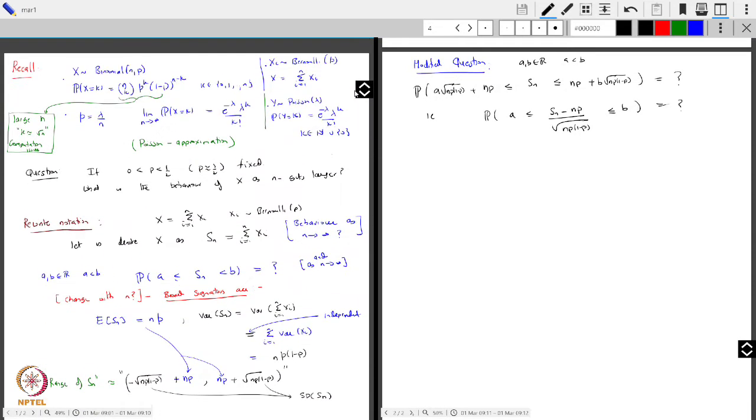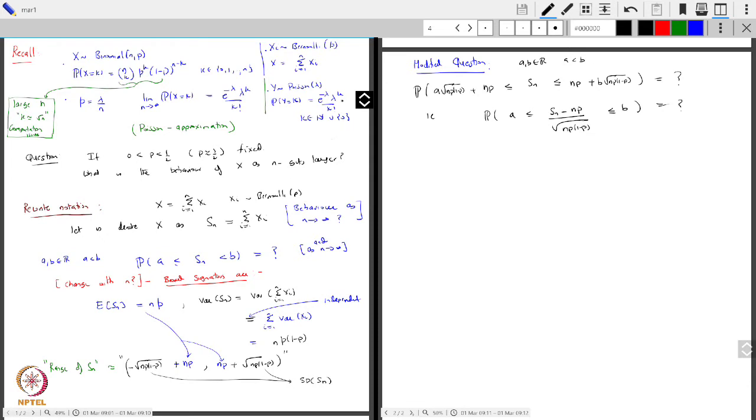So let me quickly recap what I'm trying to understand. Earlier we did this Poisson approximation when p was small, lambda by n, and I said that as n goes to infinity, we had this thing called the Poisson approximation. Now what I want to do is say that p is fixed between 0 and half, say p is kind of close to half, for example. How do I understand the behavior of the binomial as n goes to infinity? One simple observation is that the mean of the binomial is n times p, and the variance of the binomial is n times p times 1 minus p.